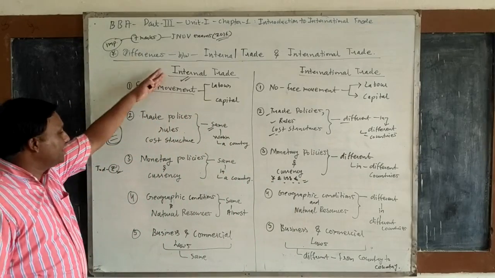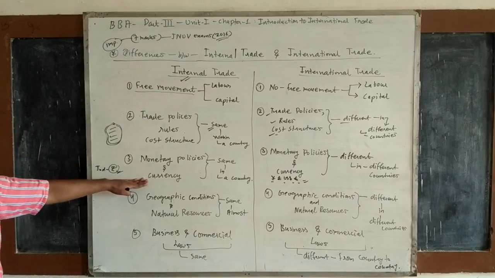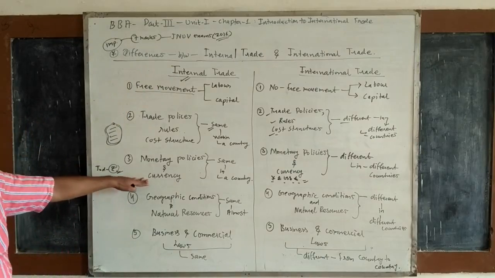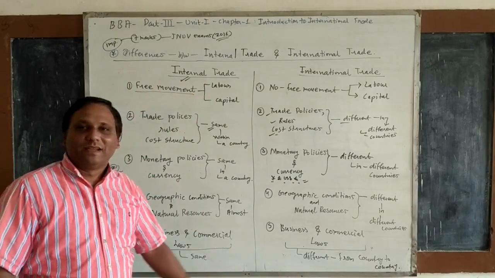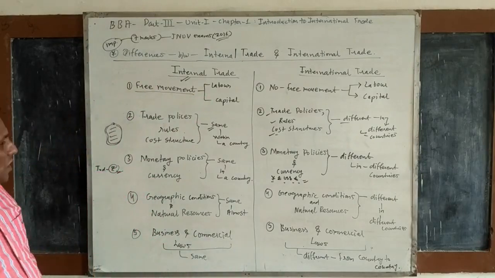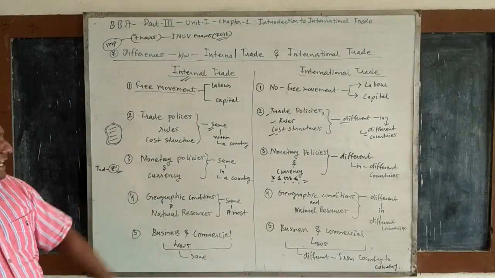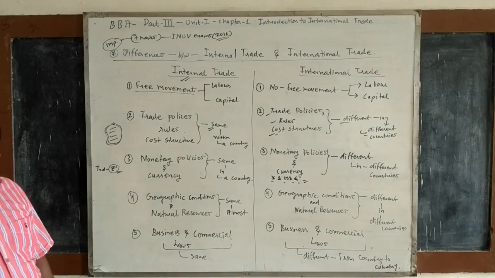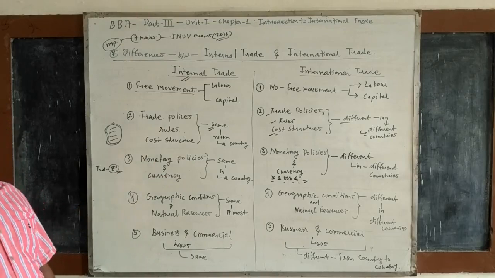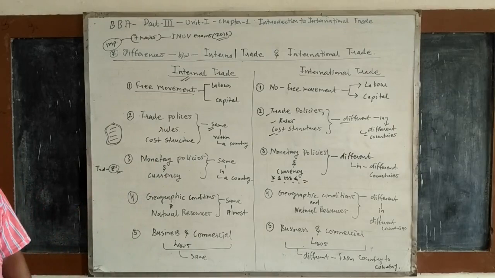So in case of internal trade, the currency system is one uniform system, while in international trade, currencies are different from country to country, not only in their monetary sense but also in their values.